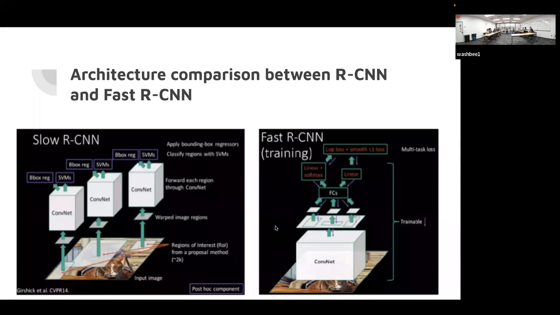And this is the comparison between the R-CNN and Fast R-CNN. I still don't understand how anything is predicted from here in terms of class.